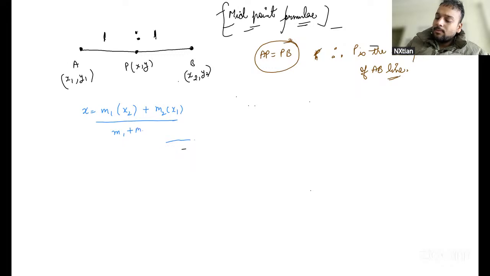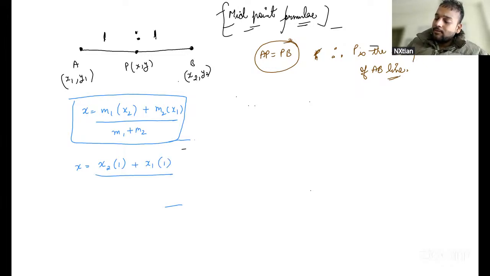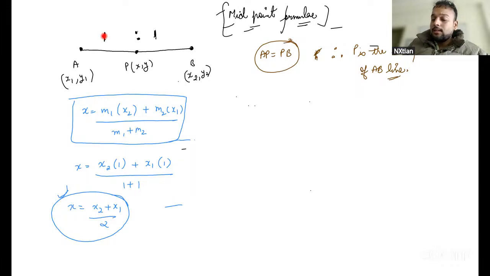Here m1 is 1 and m2 is also 1, so x is equal to x2 into 1 plus x1 into 1 upon 2. So x is equal to x2 plus x1 upon 2. This is the formula when the midpoint is given. Did you understand, guys? If not, ask me.